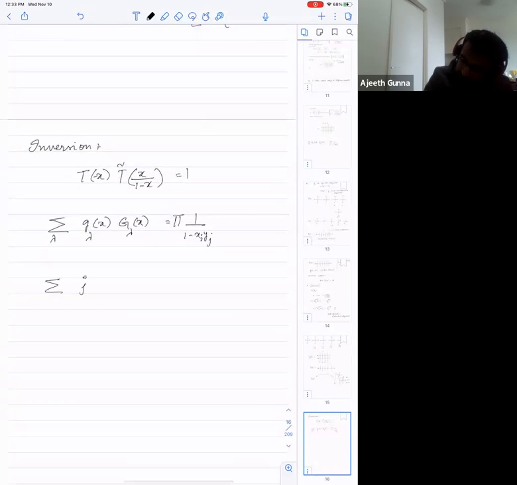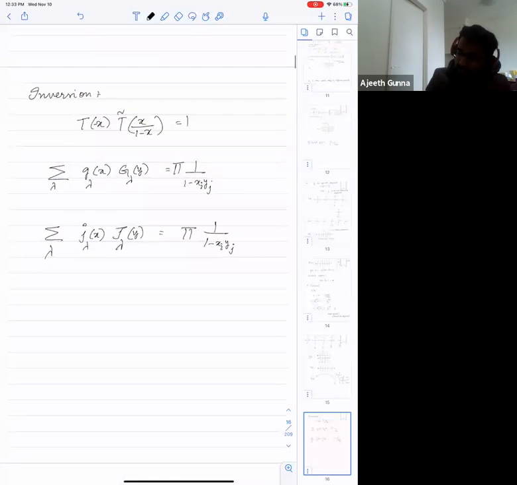And the weak dual Grothendieck polynomials satisfy the Cauchy identity with the weak Grothendieck polynomials. Okay, how do we prove this? Let me show you how to prove this.